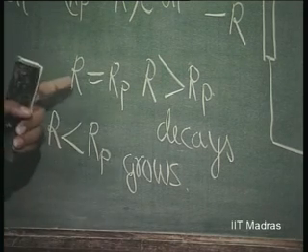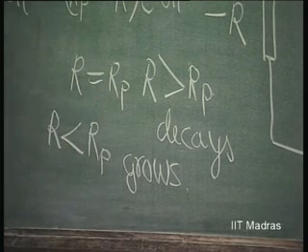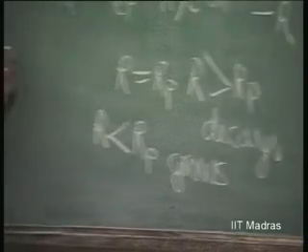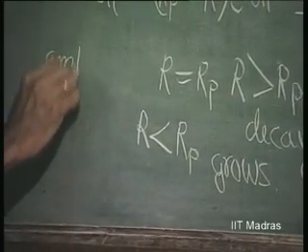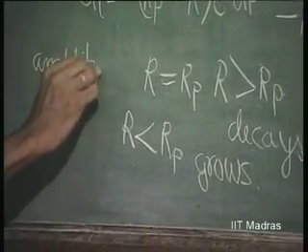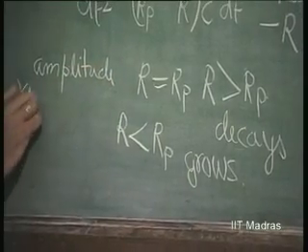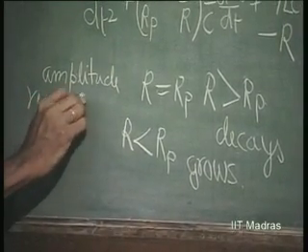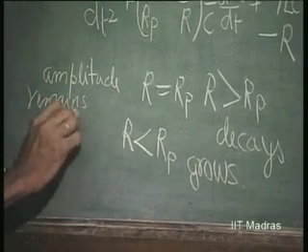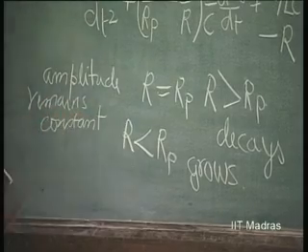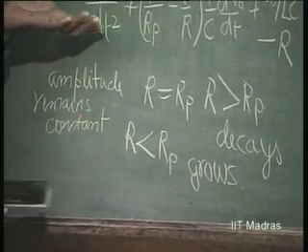When exactly R is equal to Rp, oscillation amplitude remains constant. This basic principle has to be understood in terms of time domain.